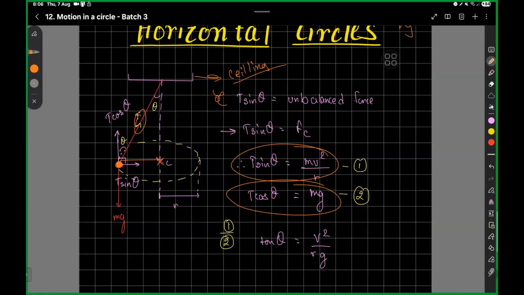These two equations we had a bit of an introduction to when working with this exact same ceiling horizontal circle motion. Now, when you look at these two equations, which one is easier to work with to find the tension? In both of these cases, you have T, and that is all I want to work with. I want to find T. I want to make T the subject. But which one is easier?